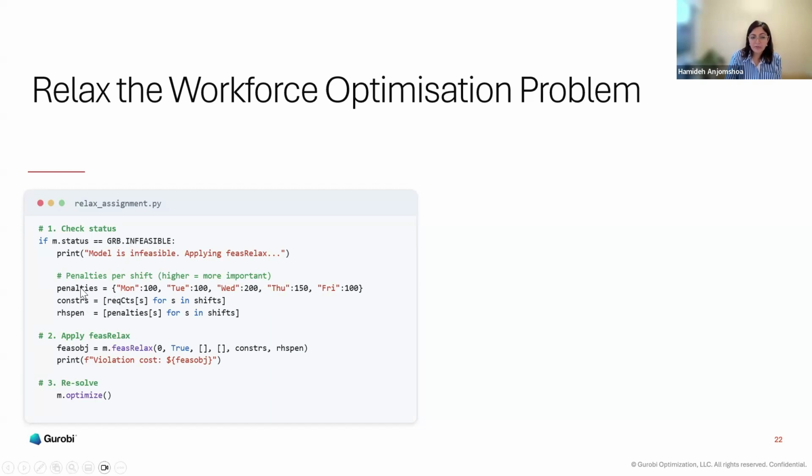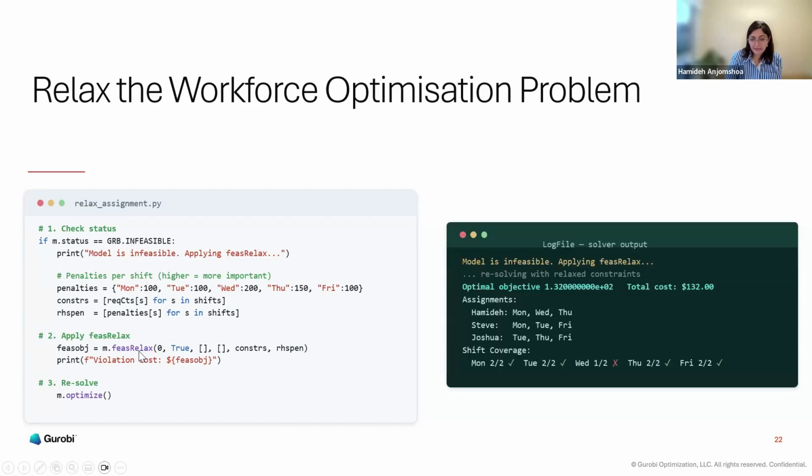Then you define your penalty for each day, and say, okay, feasibility relax. Now you optimize it. And in the results, on the right side, you can see the log file. It says you have a schedule, but this is the Wednesday that we couldn't satisfy with the rules that you set up.